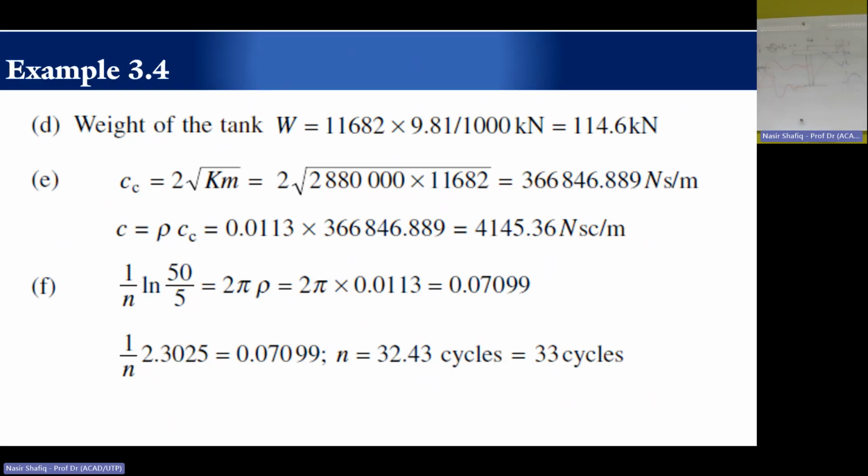With the addition, how much will the stiffness change? Because it is the mass of the empty tank plus the mass of water, and then you can calculate all those parameters, like the damping constant. So what will happen to the motion? Because the vibration will not remain the same.